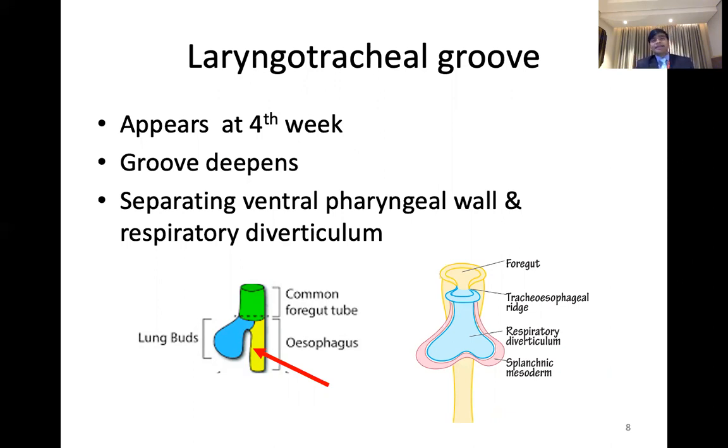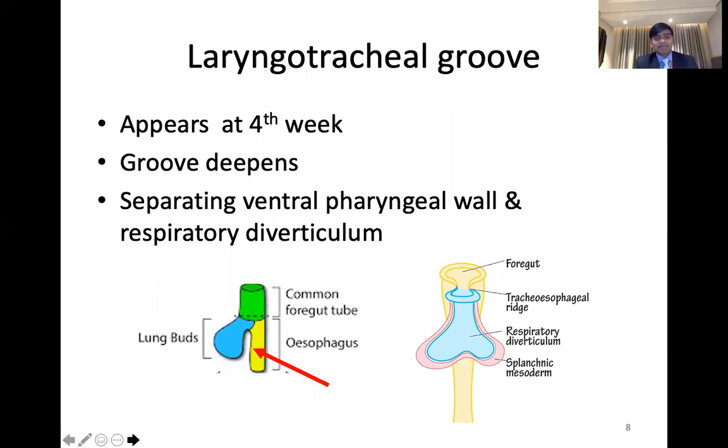These tracheoesophageal folds fuse with each other in the midline and form the tracheoesophageal septum, which separates them. Anteriorly we have the trachea, and posteriorly we'll have the esophagus.